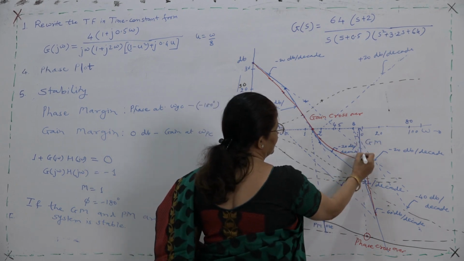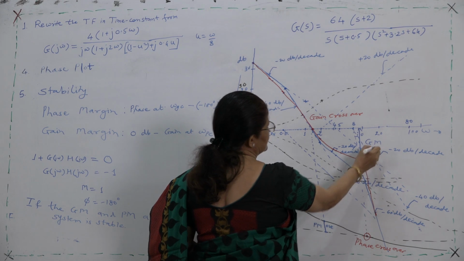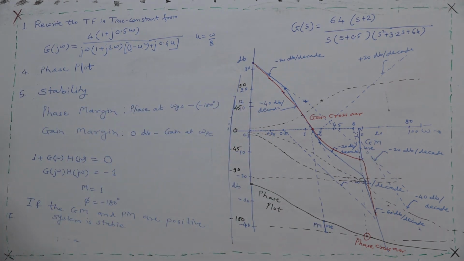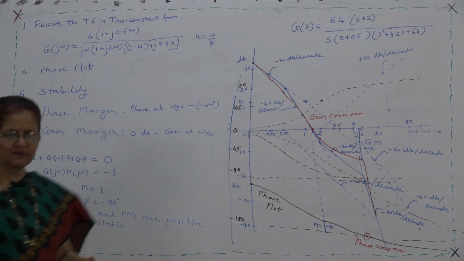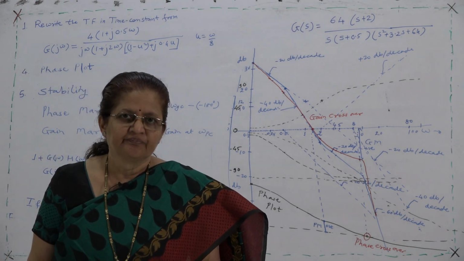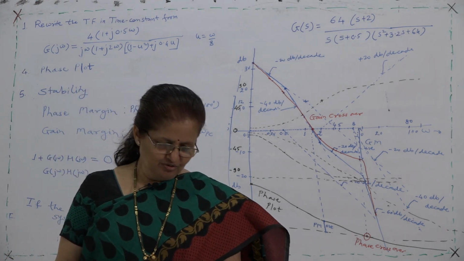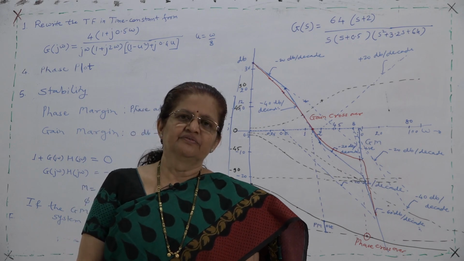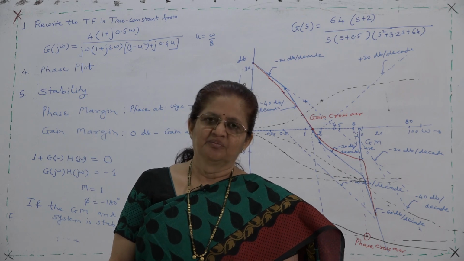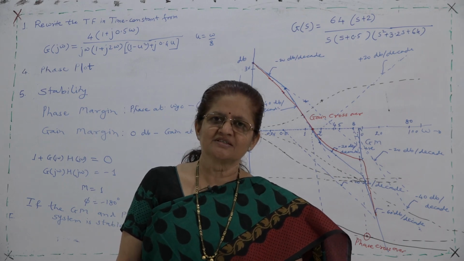Here, whatever you are getting is the positive gain margin. So, the system is stable. So, you have to find out what is gain margin, what is phase margin. If both are positive, then your system is stable. Okay. So, with this we will stop here, and the Bode plot module is over here.